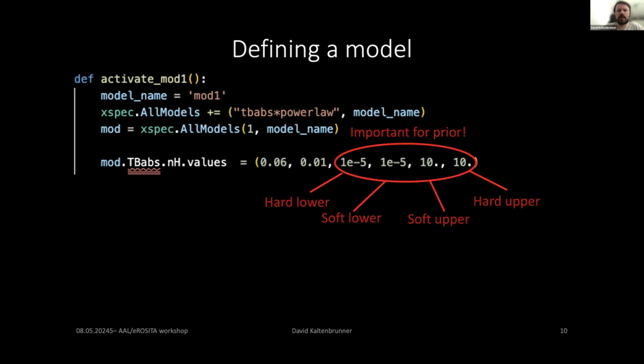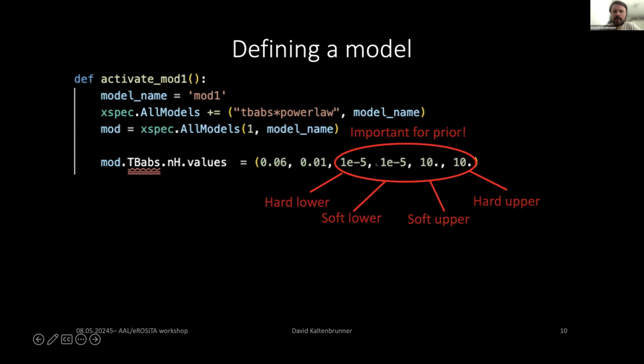In the next step, what's important for BXA, for all the parameters that we want to model, we need to set them quite precisely. Typically in XSpec, it's sufficient to just set the initial value. But if we want to use BXA, we also need the boundaries set here.